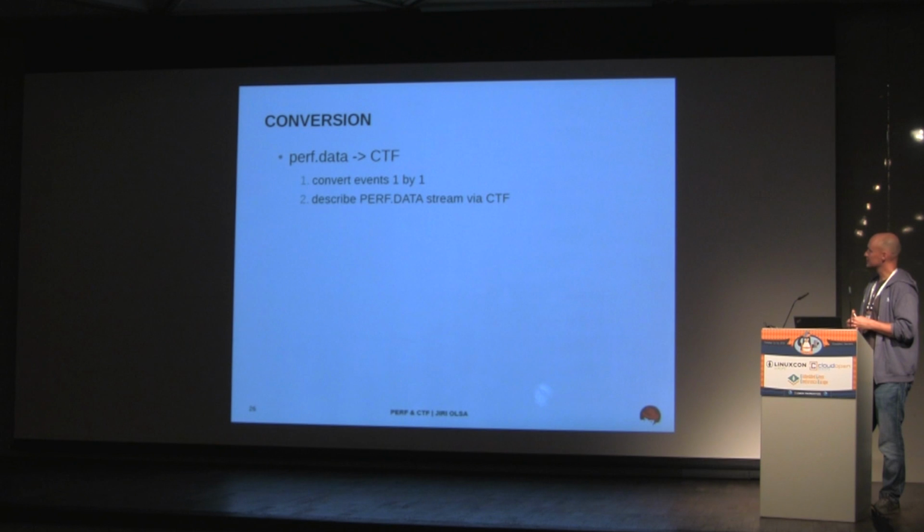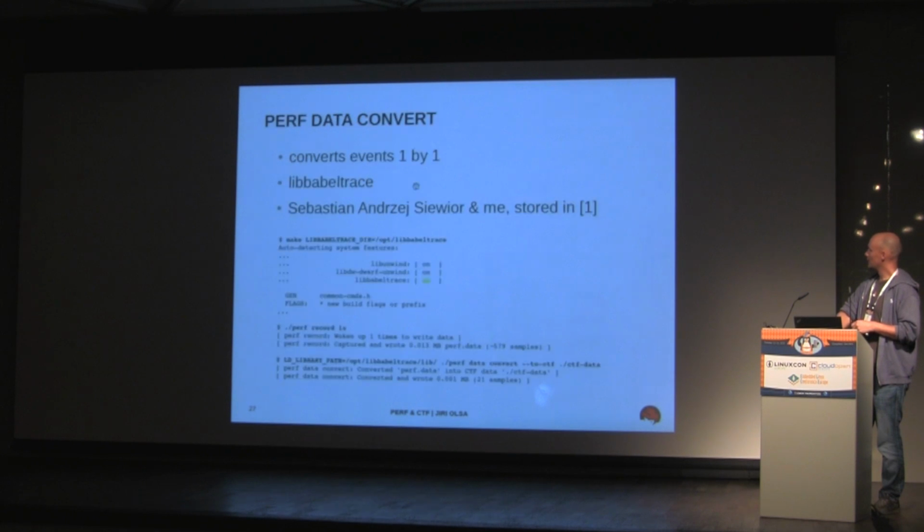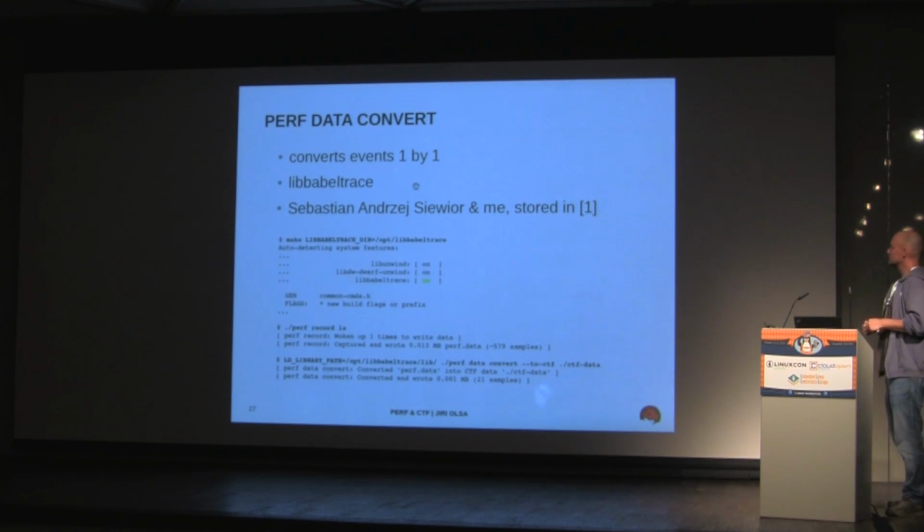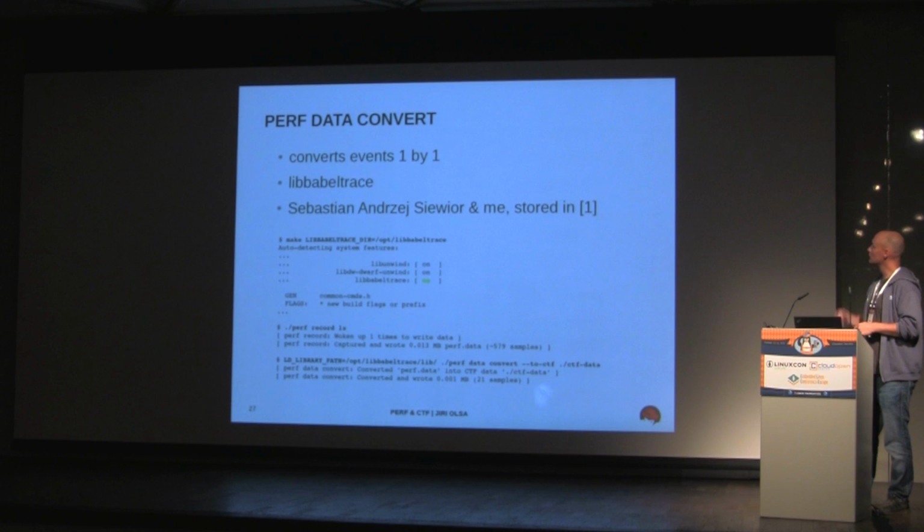But it has various implications. The Perf data stream doesn't have the stream layout as CTF expects, so it's tricky, and if you do it like this, it couldn't be read by existing tools like Babeltrace. So what we actually did was the conversion event by event.